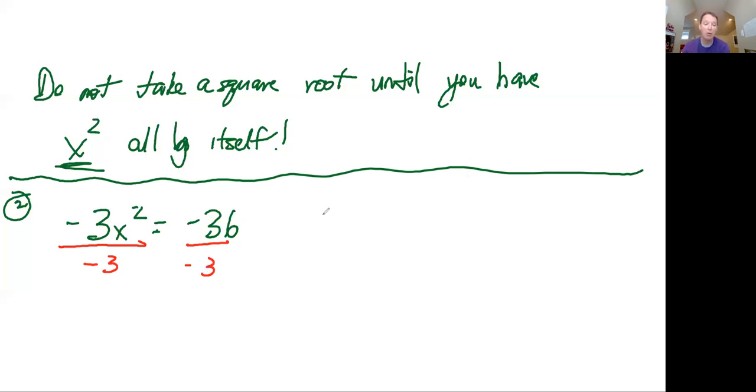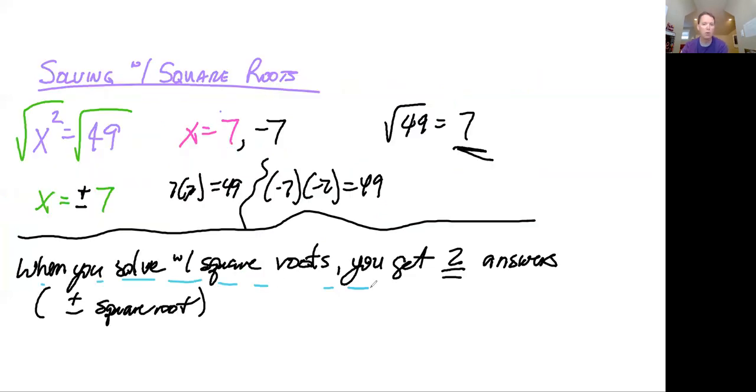And that gives me, now these cancel, the minuses cancel, I get x squared equals 12. Cool. Now we take the square root. Remember our rule? When you solve with square roots, you get 2 answers, plus or minus square root.